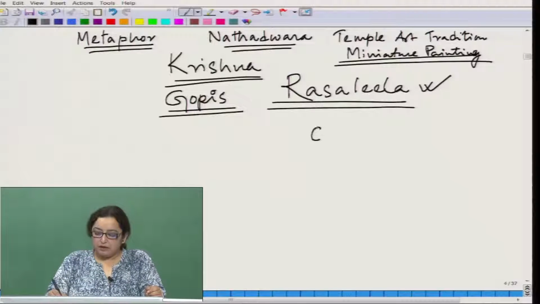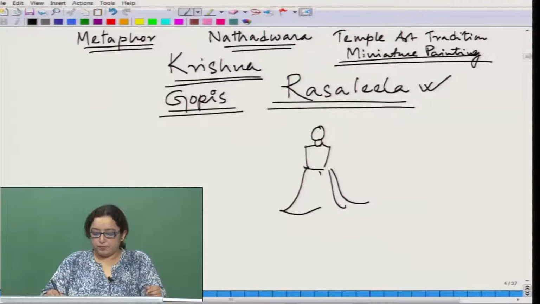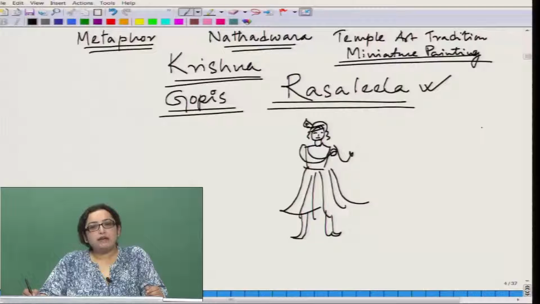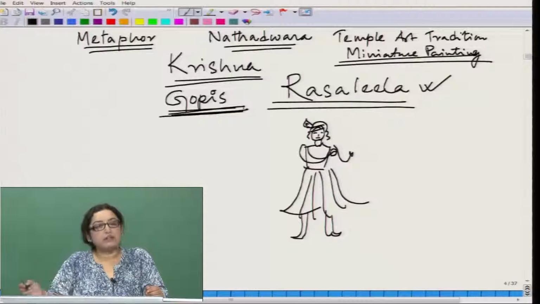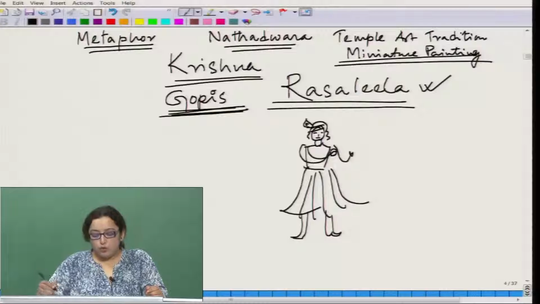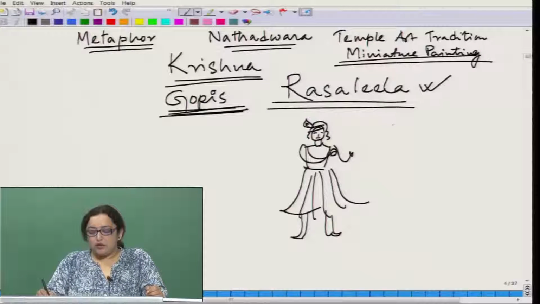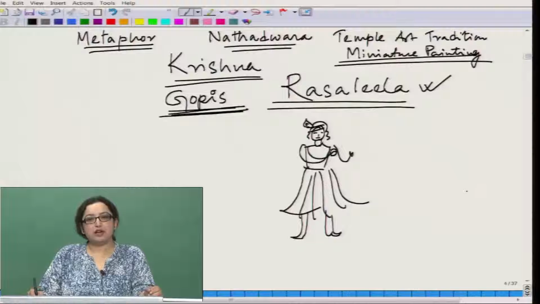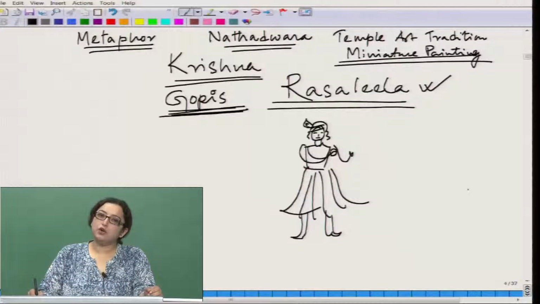Now, Krishna being an individual, how will he satisfy the need of all the gopis, because there are so many. So, in this story Krishna gets multiplied with his magical action. So, we get to see multiple Krishnas in a dancing sequence dancing with the gopis.